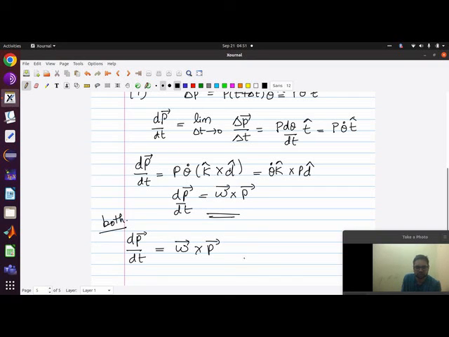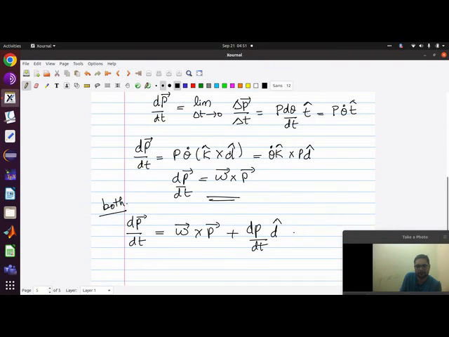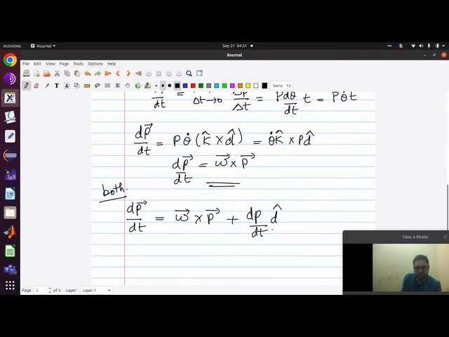So when there is change in both magnitude and direction, you have dP by dt, let us simply write this as, omega cross P plus (dP by dt).